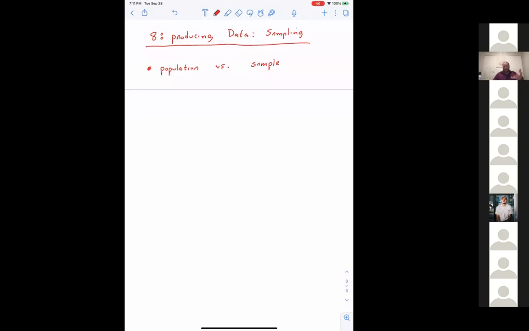So the population is all the individuals you're getting the data from, and the sample is a smaller collection. But what you need is a sampling design. A sampling design is merely the process by which you are going to create your sample.